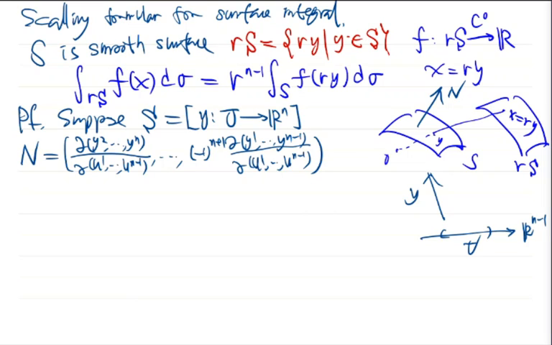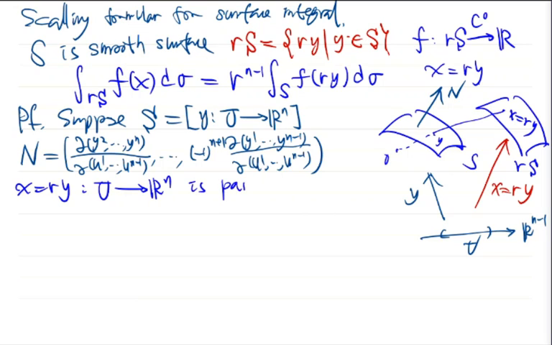Then we know that this map from u to x equals ry is a parametrization of rS. This is obviously true.